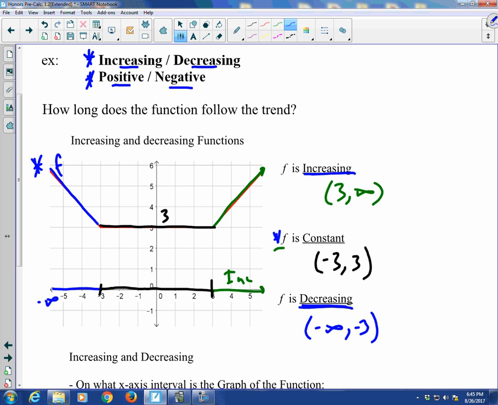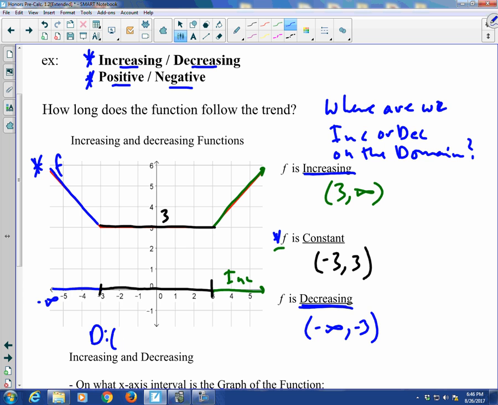Another way we can think about this is where are we increasing or decreasing on the domain. So basically, if we look at this function as having a domain of negative infinity to positive infinity, which it certainly seems like it does.